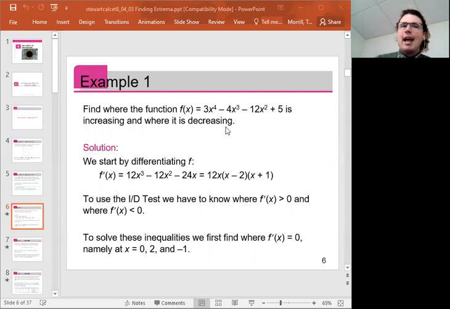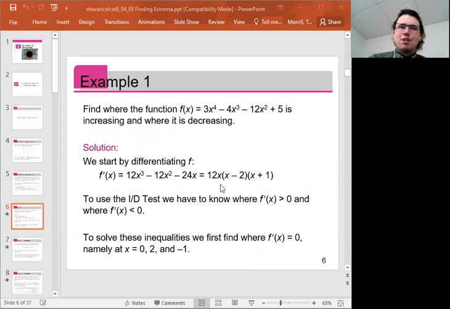So I actually know automatically from this factorization where that derivative is equal to 0. There are only 3 places where that can happen, and that is because I have a product here. If I have a product of real numbers equal to 0, at least one thing in that product has to be 0, whether that is the x, the x minus 2, or the x plus 1.